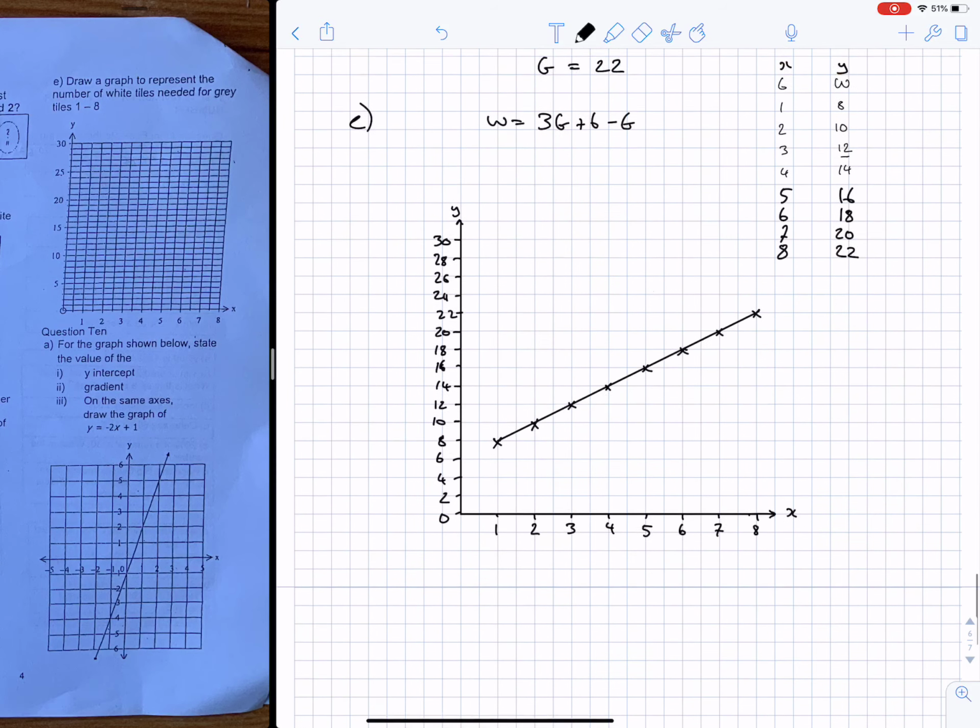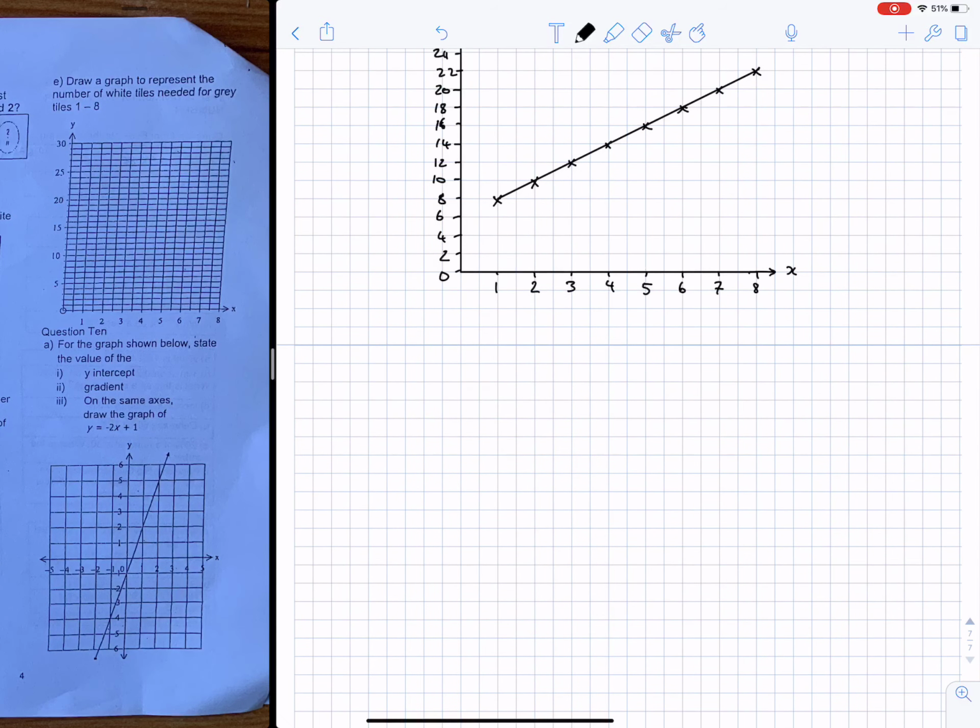Question 10. 10a, it says, for the graph below, state the value of the y-intercept. So you can see the y-intercept is at -1. The gradient is rise over run, right?